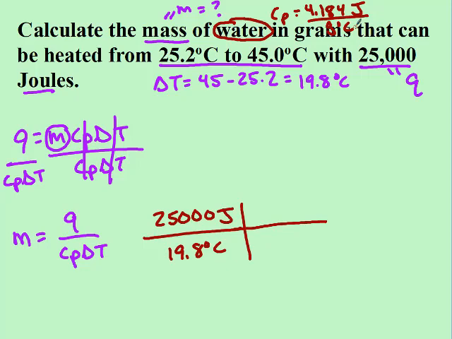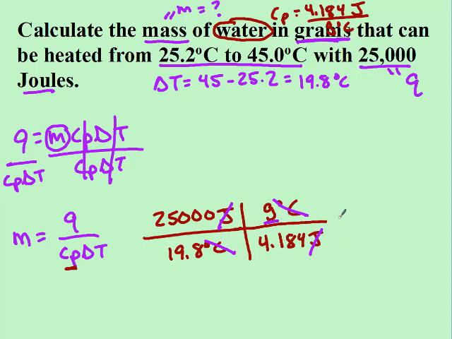But in this problem, my Cp is on bottom. So the 4.184 joules goes on bottom, and my gram degrees Celsius goes on top. I'm going to cancel my units. Joules cancel. Degrees Celsius cancel. I'm left with grams. They wanted their answer in grams, so I must be done.